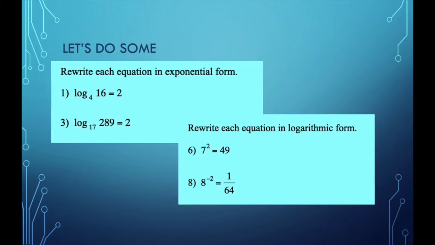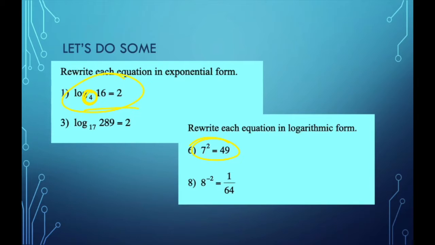Now we're going to go backwards. I think these are harder. We're going to put them now in logarithmic form. So when we had this one up here, 4 to the 2 equaled 16, the 4 was what I always call the base. What is the base over here? 7.